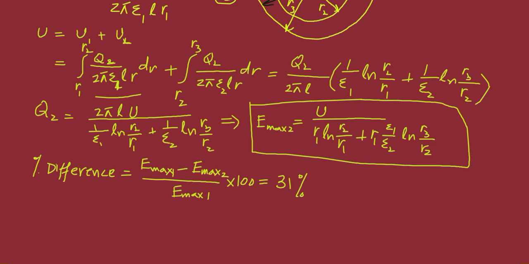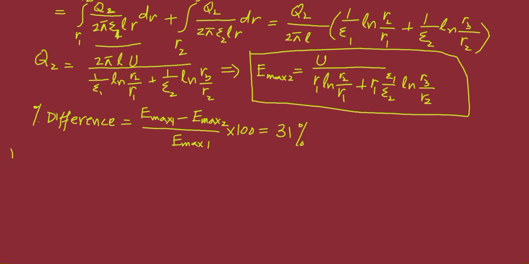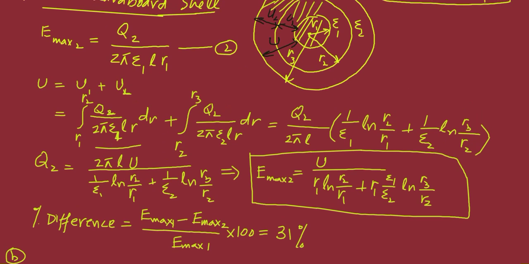Now in part B, we need to find the voltage in each of the layers U1 and U2. Okay, so for the voltage we need to use the same expression with the hardwood shell. This one, U is equal to, we found this expression already.